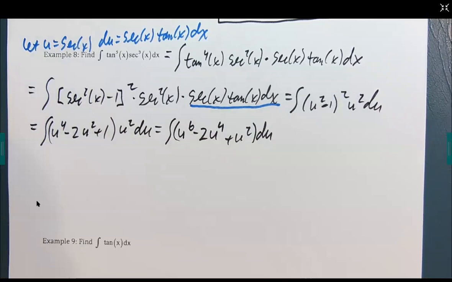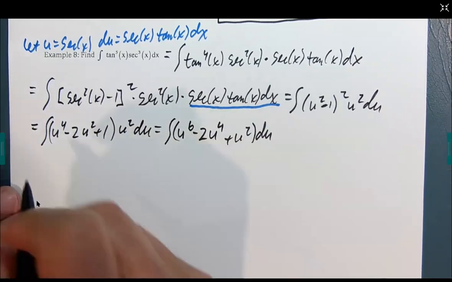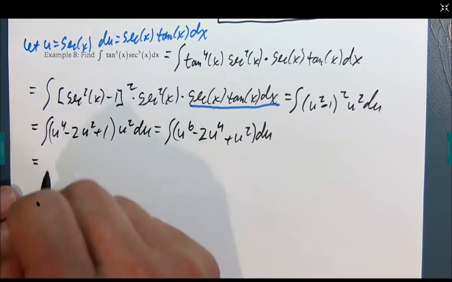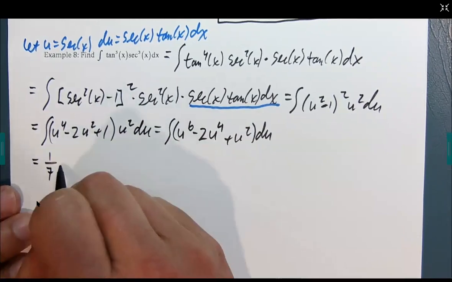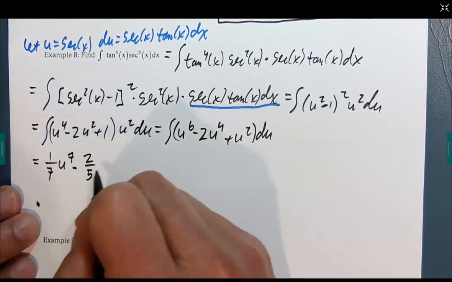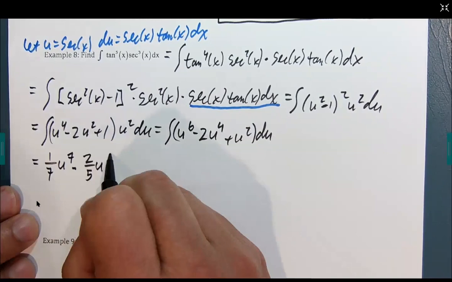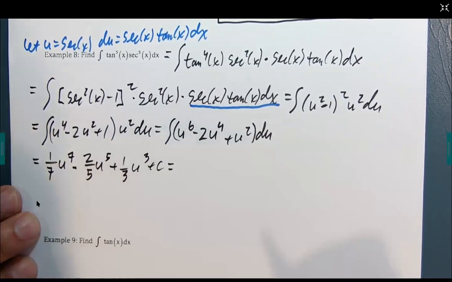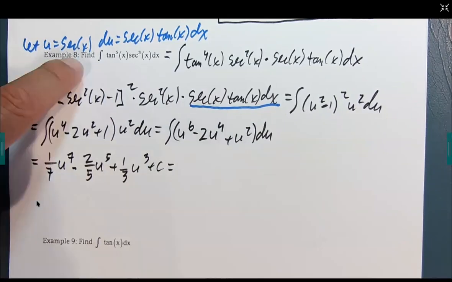And very nicely, we can again use the power rule, which is always nice. And then we just have to transform it back in terms of secant.